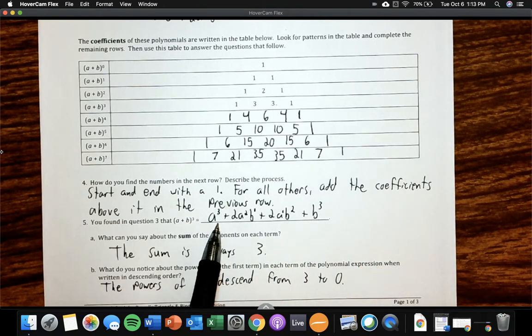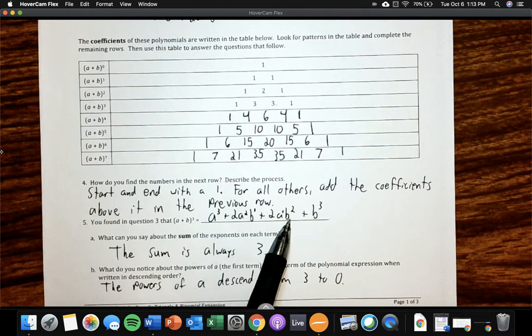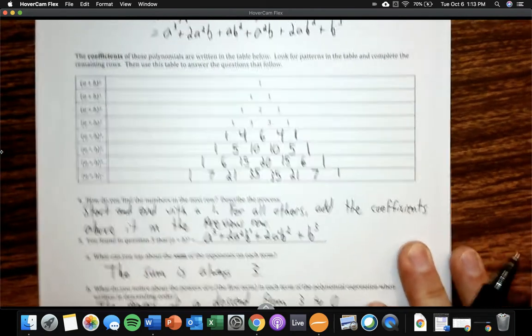B starts with 0 because b to the 0 power is 1. Then it goes 1, 2, and 3. And again, that's going to be true in every single case. So we can use what we know here to determine an expanded polynomial a little bit faster. So let's look at examples of that.